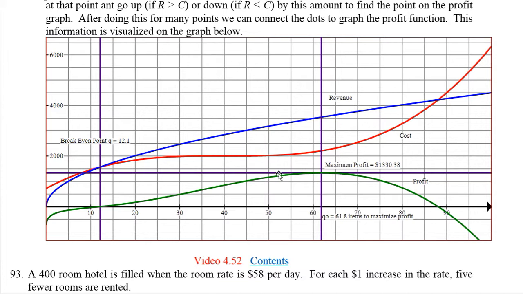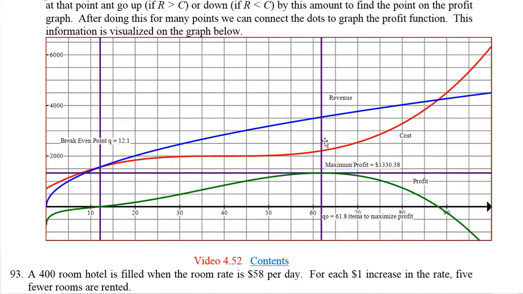But if the additional cost for making one item is less than the additional revenue, you'll make more by going up. So if marginal revenue is more than marginal cost, make one more item, you can improve your profit. If marginal revenue is less than marginal cost, making one less item should improve your profit. When is it maximized? Exactly when the marginal revenue and marginal cost are the same.